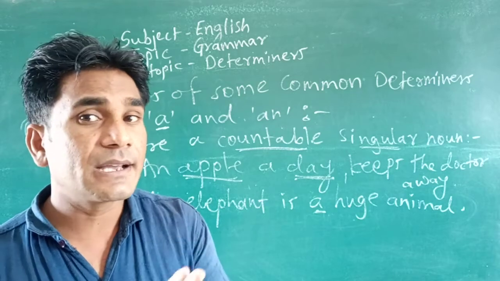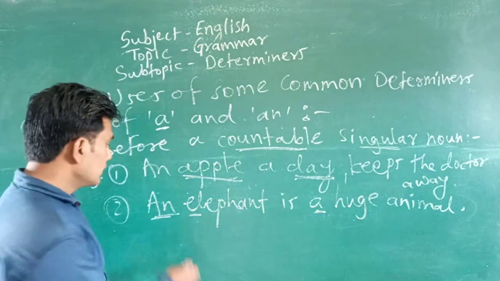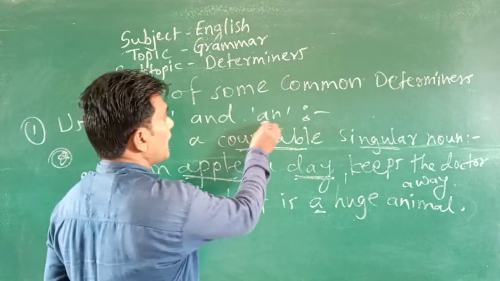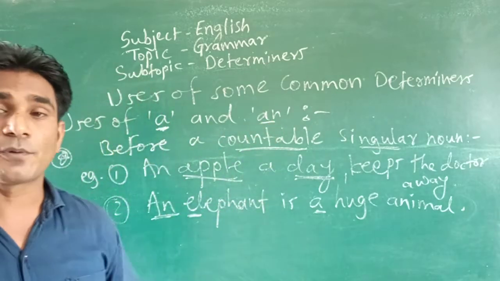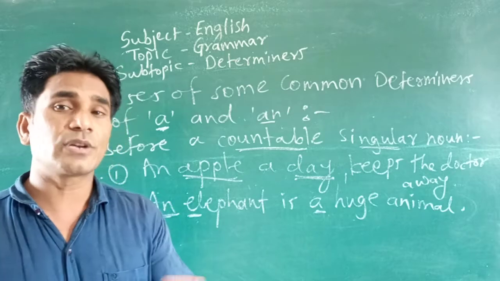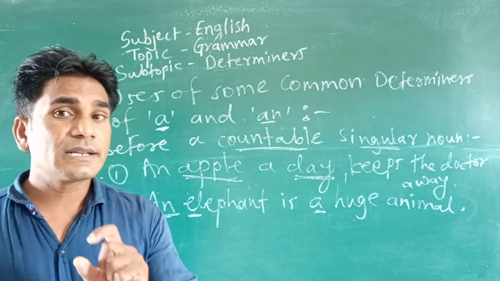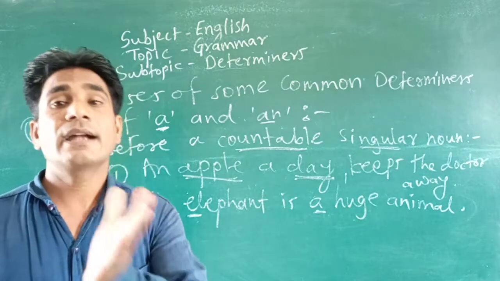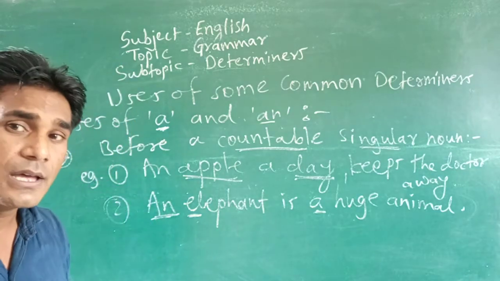But dear guys, have you noticed the difference between the use of a and an? Both can be used before a countable singular noun, but there is a difference between the use of a and an.